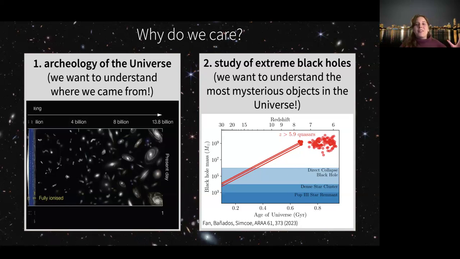So there's multiple things around black holes that are mysterious and we don't fully understand. These are the two main motivations, as I see it, for why one might want to look deep into the early universe to look for these quasars.